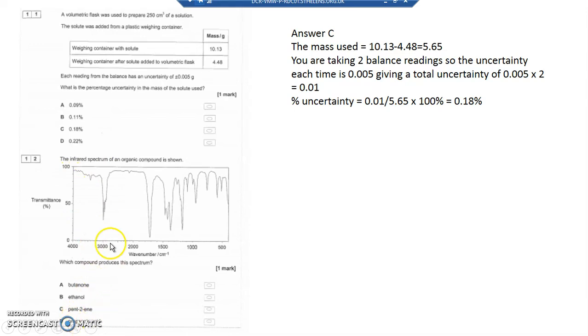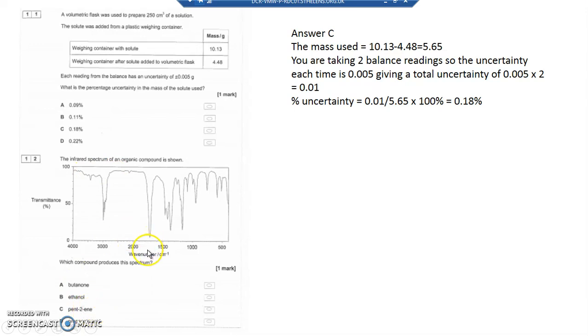Propanoic acid has also got an OH, and its OH is also wide and broad, around about the 3,000 mark, 2,500 to 3,000, and that's not present, that's not broad and wide. So anything with an OH, an alcohol or an oic acid, has a broad, wide absorption, so it's not B and it's not D.